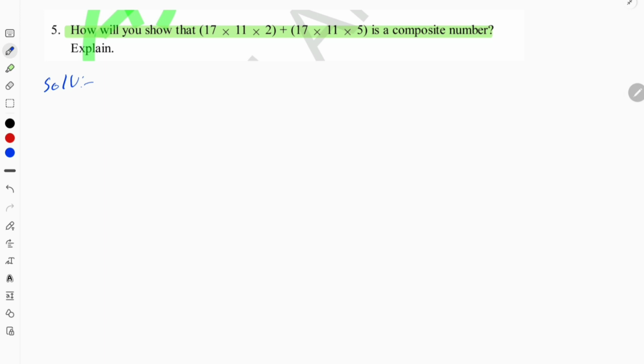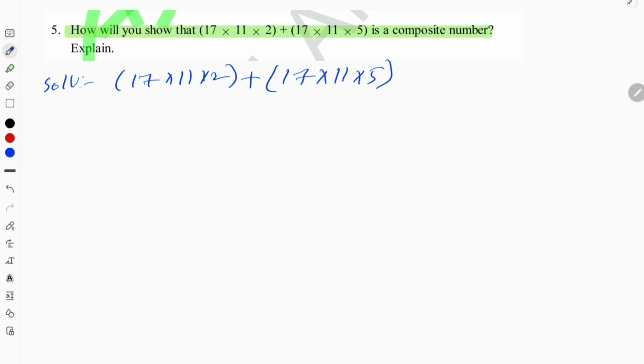So what is the question? 17 into 11 into 2 plus 17 into 11 into 5.